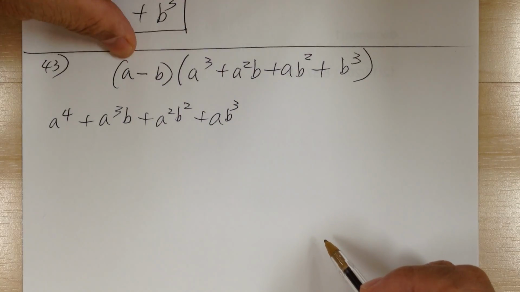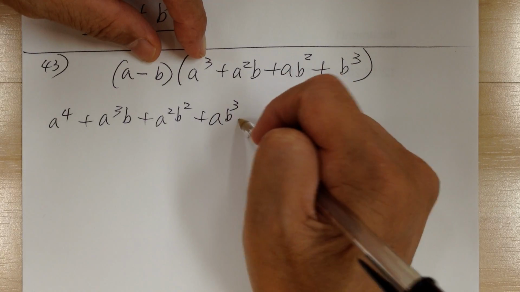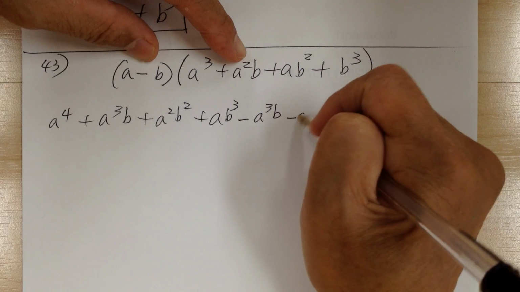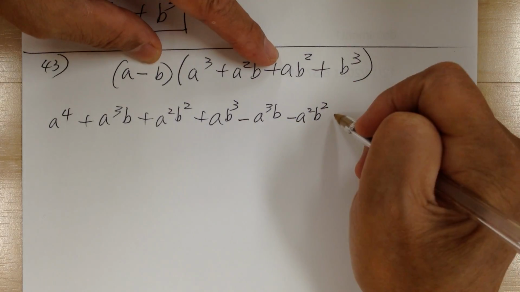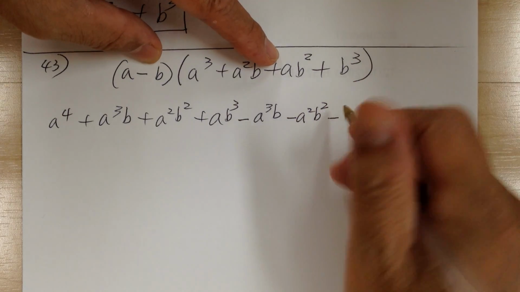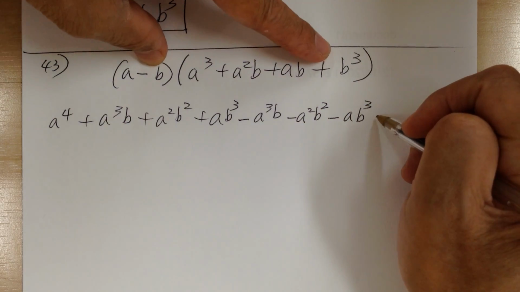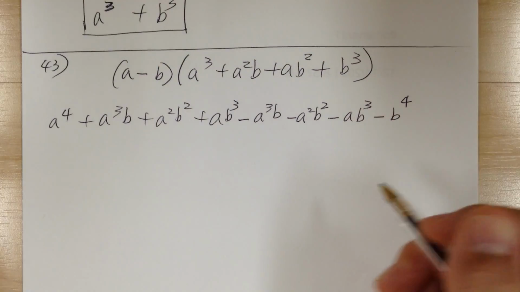Okay, so I'm done with the first term, so go to the second term, minus a cubed b minus a squared b squared minus, I can do the sign and go to alphabet, right? So sign is negative, alphabet would be ab cubed. This one would be minus b to the 4.